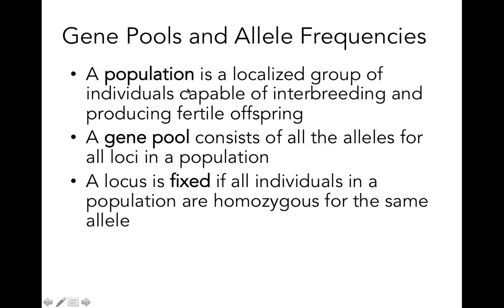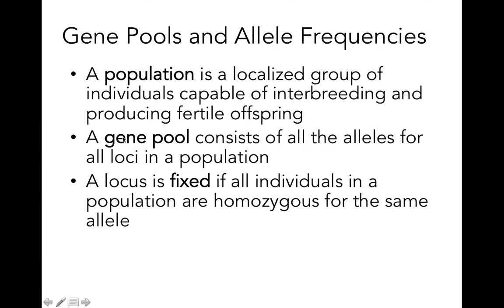We can define a population as a localized group of individuals that are capable of interbreeding and producing fertile offspring. Capable of interbreeding doesn't mean everyone has to be breeding with everybody else, but at least there is the potential for interbreeding and producing fertile, viable offspring.